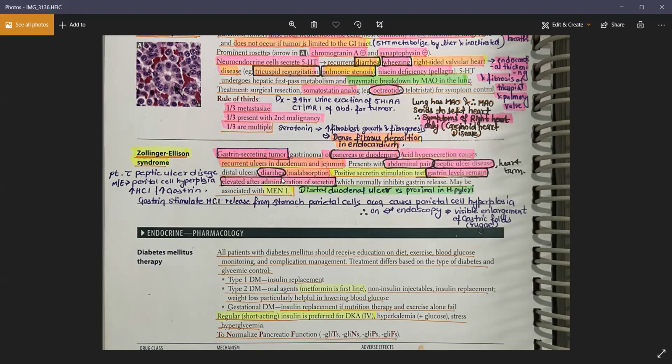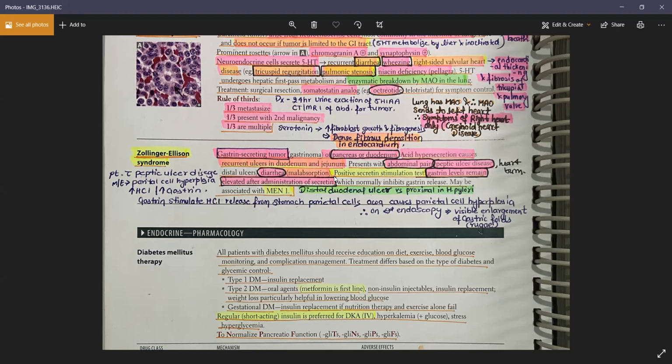Okay, why are these symptoms occurring? Because of high gastrin level that leads to high HCl level. Okay, now generally what happens, if you give the patient secretin, then it will inhibit the gastrin production. Very important to note.